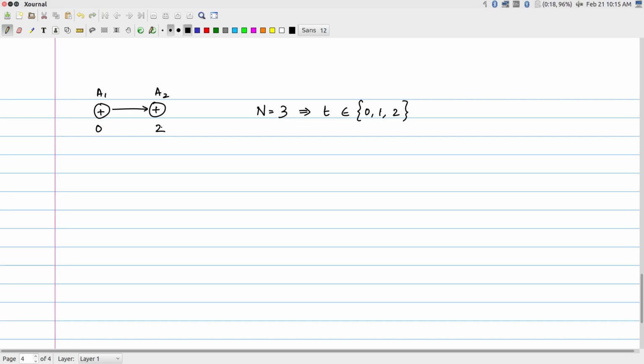What are the possible choices? T of A1 equal to 0, T of A2 equal to 1 would also be valid. A1 equal to 1, A2 equal to 2 would be valid, right? But A1 equal to 0, A2 equal to 0 is still not going to be valid. A1 equal to 1, A2 equal to 0 or 1 is not valid, for example, right? Or at least as things stand over here, those are not valid implementations, right?